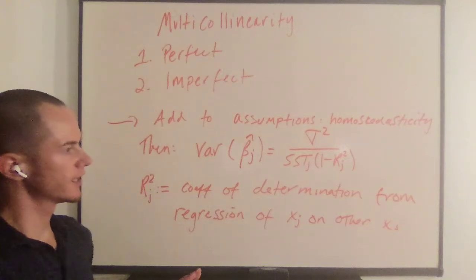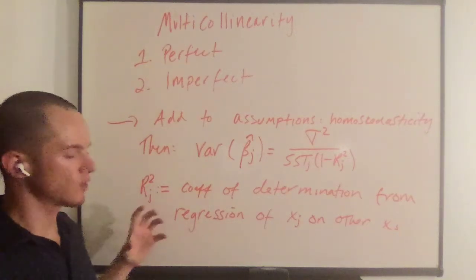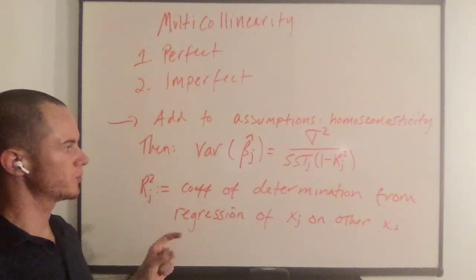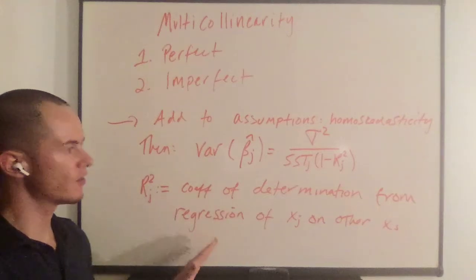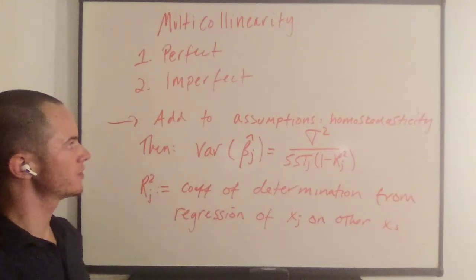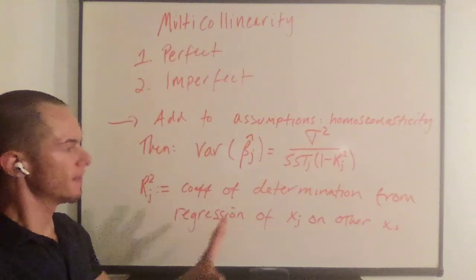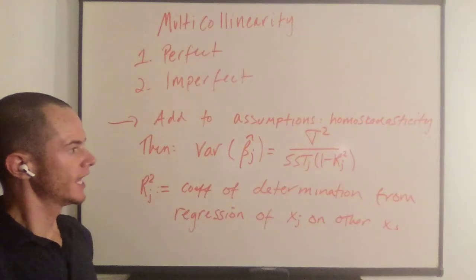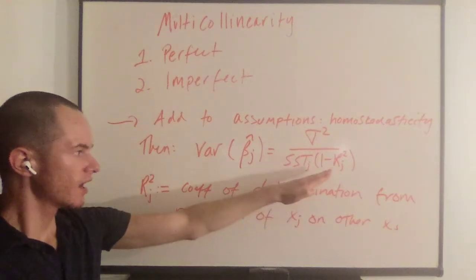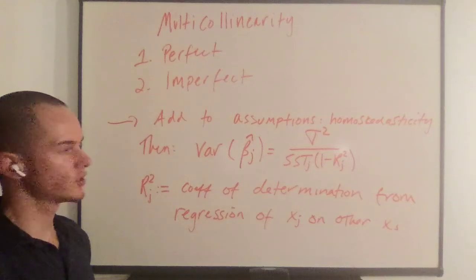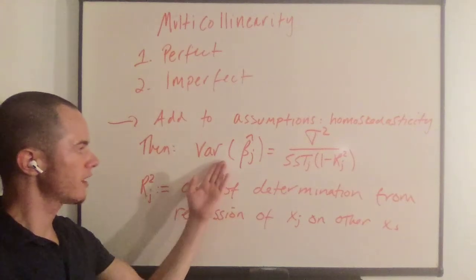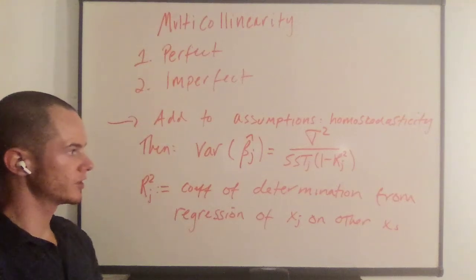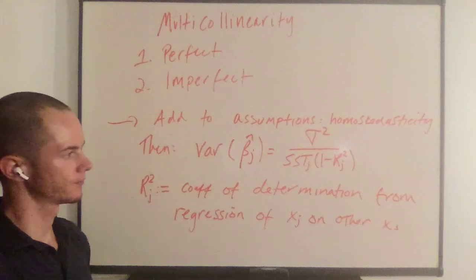So observe that the level of the linear relationship between xj and the other variables is going to matter for the variance, which is the consequence of imperfect multicollinearity. If you have a high r squared j, then you're going to have a higher variance. A lower r squared j means a lower variance.